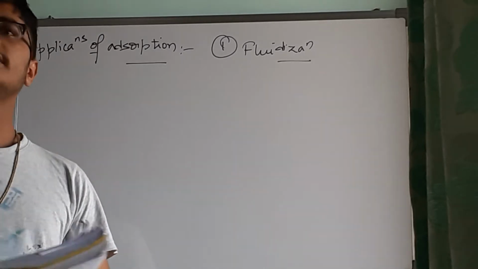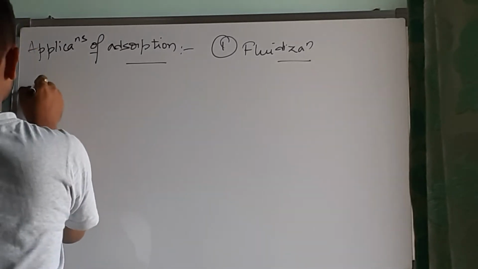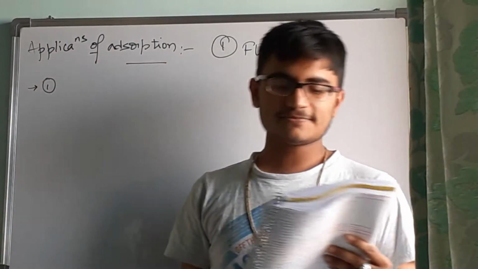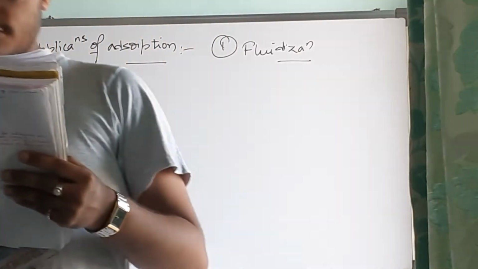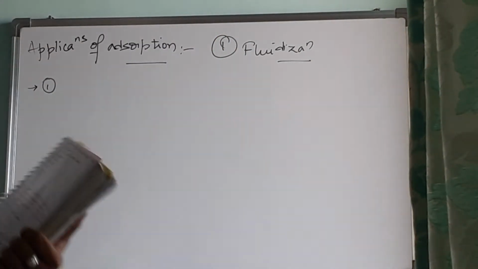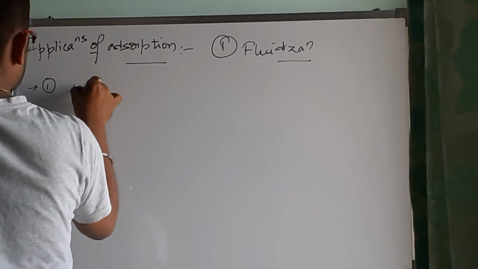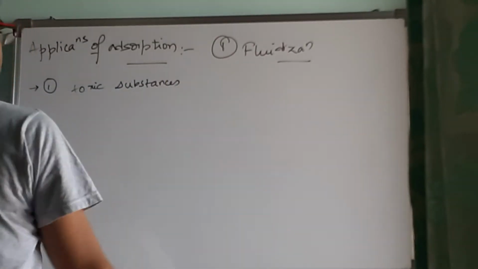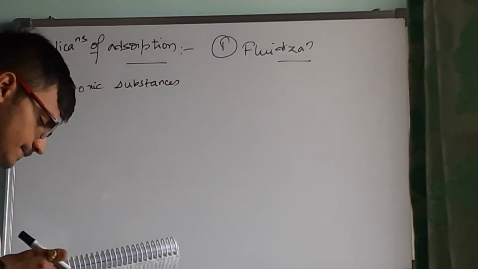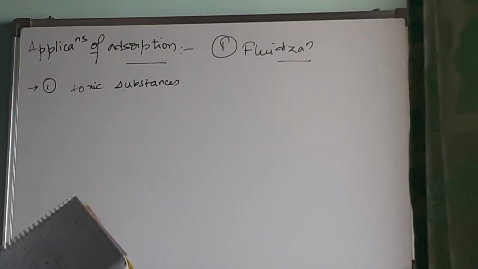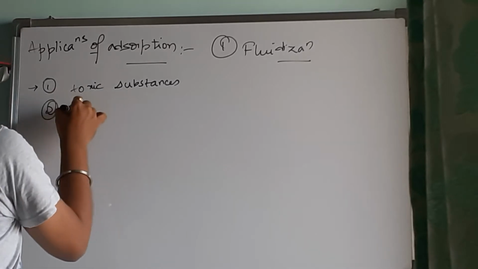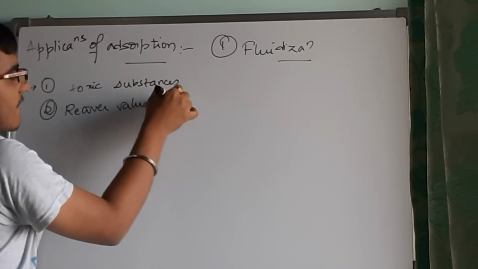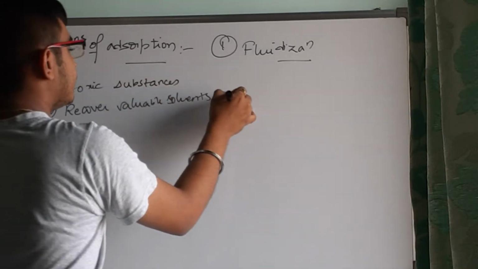And if you come to the practical point of view, the first applications we can take is separation of toxic substances and removal of odor from waste gases. Separation of toxic substances, to recover valuable solvents, and many more applications you have.